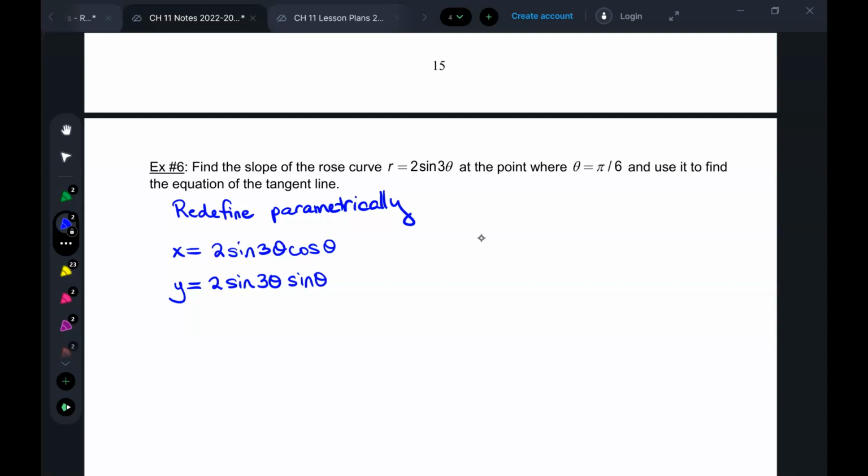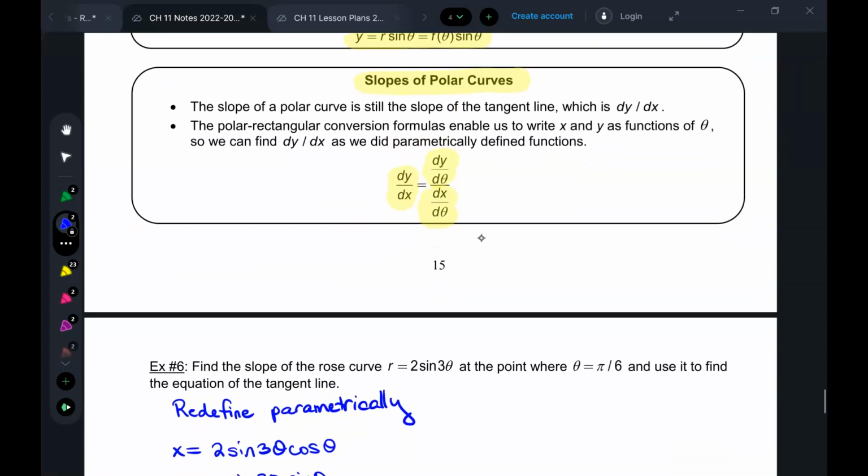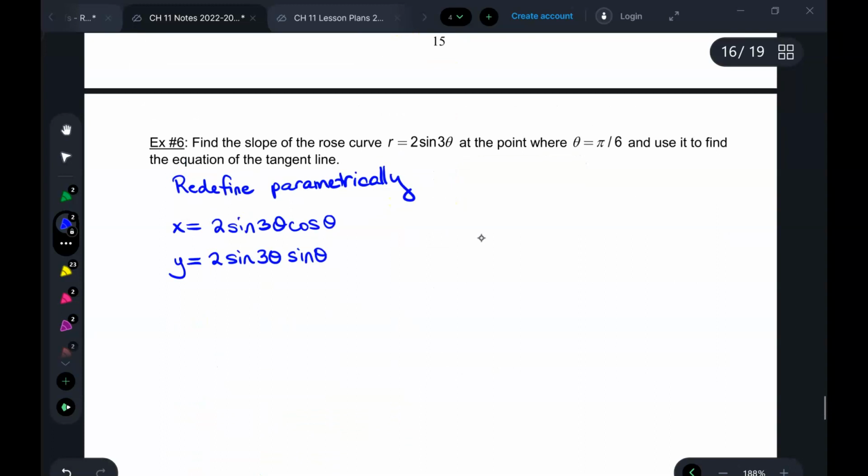Now, remember, we're going to find the slope, so we want to find dy/dx, so we have to find dy/d theta and dx/d theta. So I'll just do that right here because we have to do a product rule and a chain rule. So let's see here, dx/d theta is going to be what?